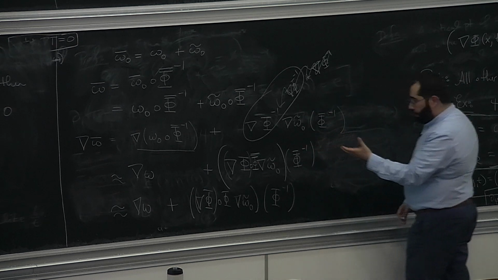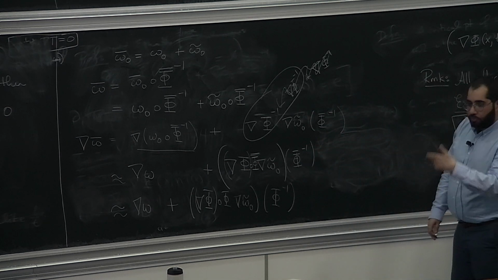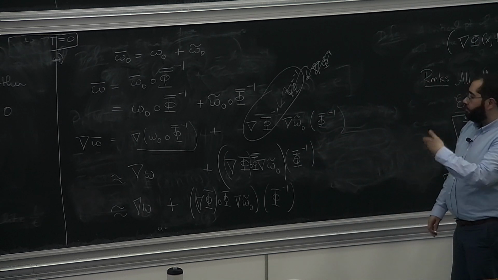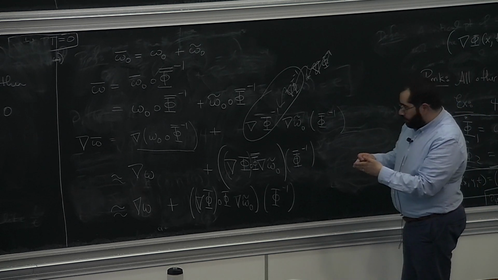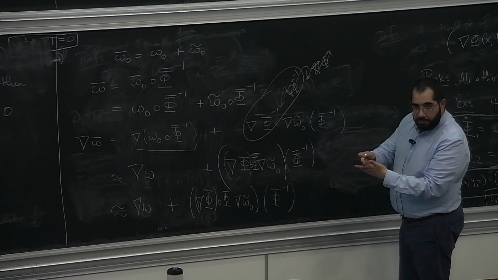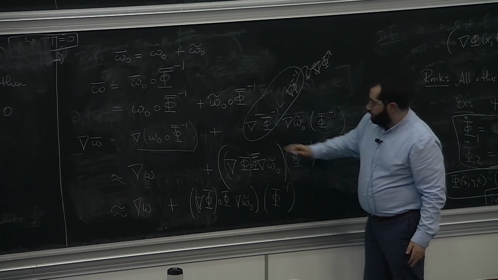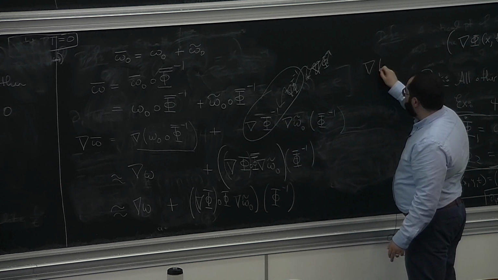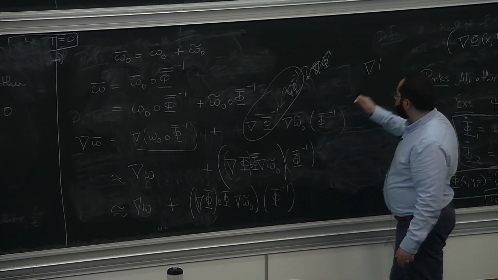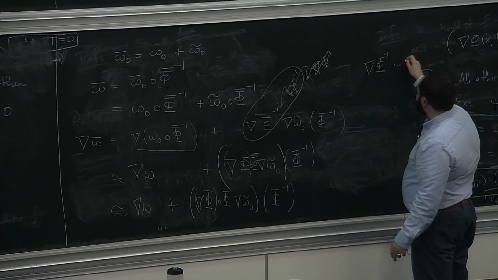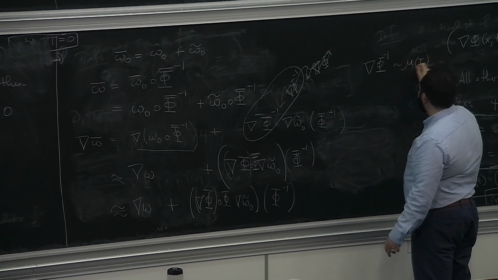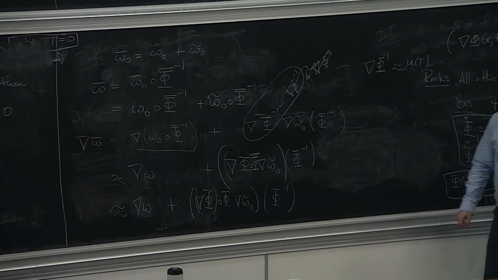What you would like to say, what I was about to say, which was wrong, but what you would like to say, is that you choose the perturbation so that at time t, you know that the gradient of phi inverse is like mu of t.